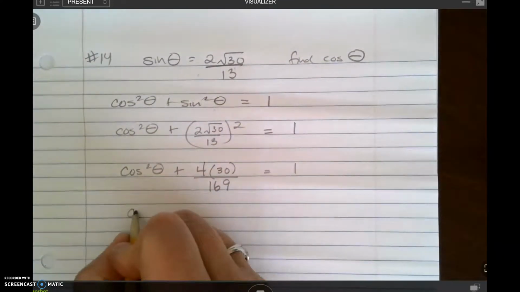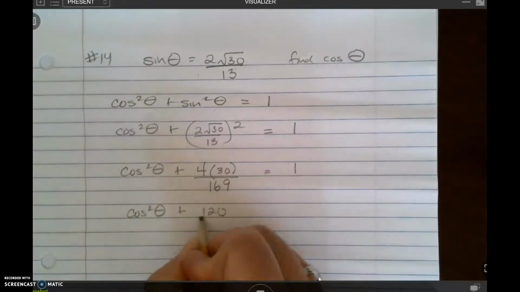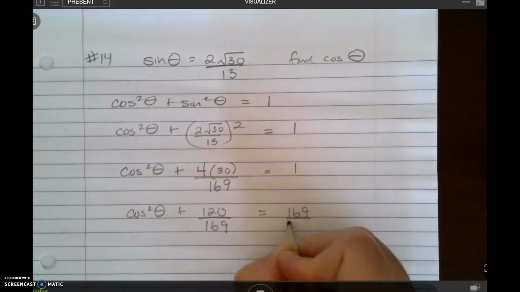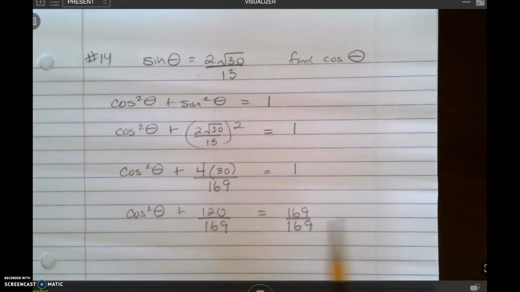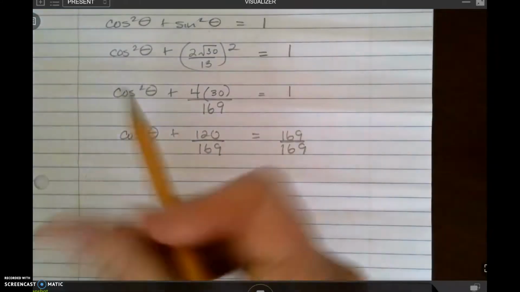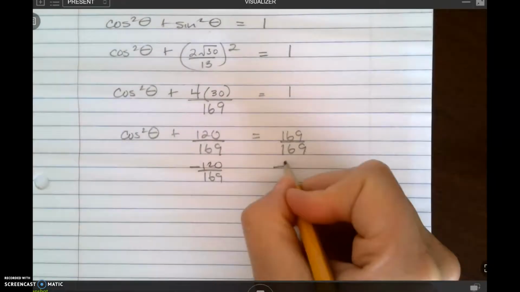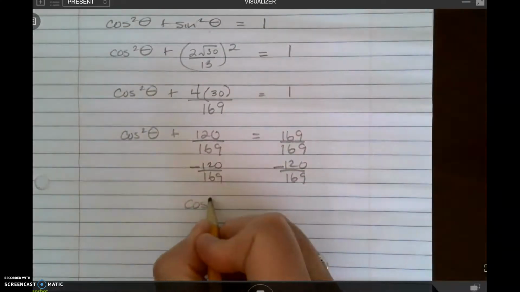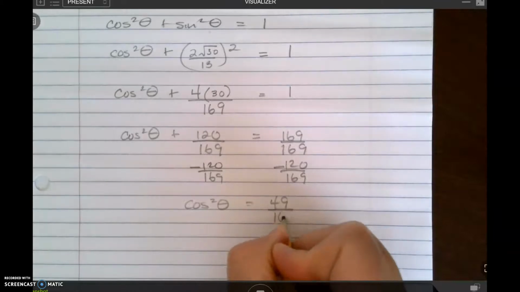So I get cosine squared of theta plus 120 over 169 equals, I'm going to call this 169 over 169 in anticipation of needing to subtract this. Then I subtract 120 over 169, and I get cosine squared equals 49 over 169.